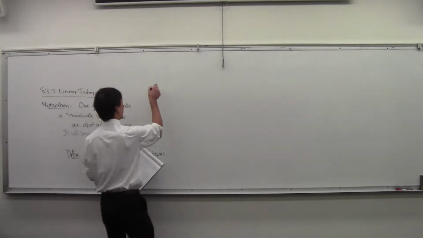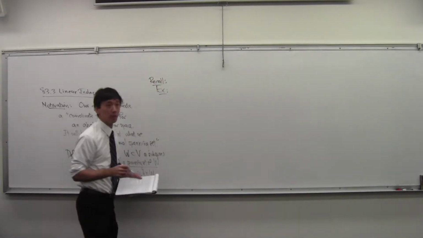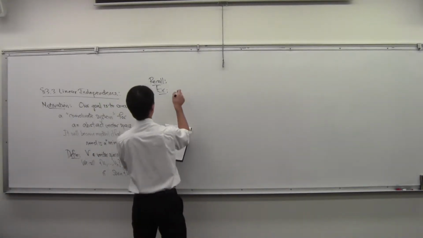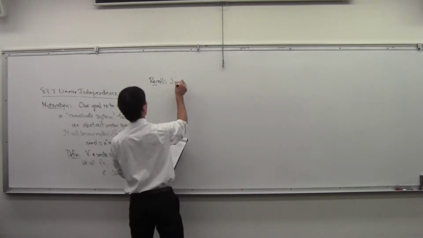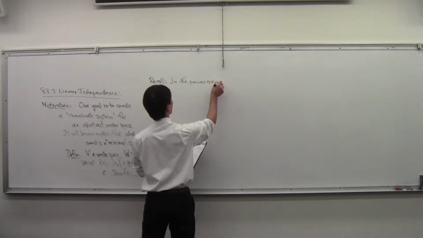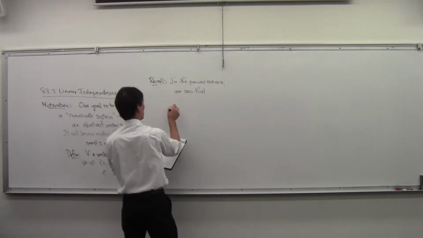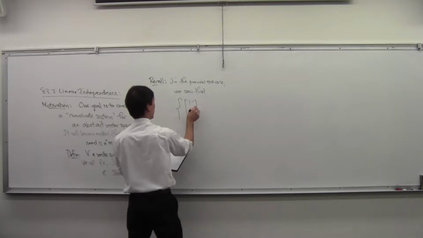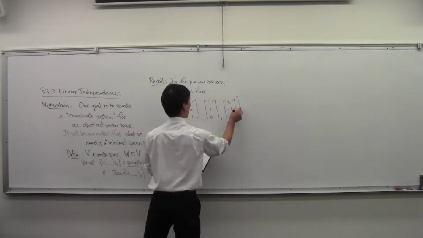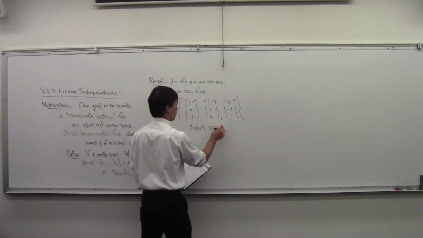Okay, so actually I think it makes sense to go back to the previous exercise. So recall the exercise we did at the end of class last time. We saw that this set, (1, 0, 1), (1, 1, 0), (0, -1, 1), didn't span R3.